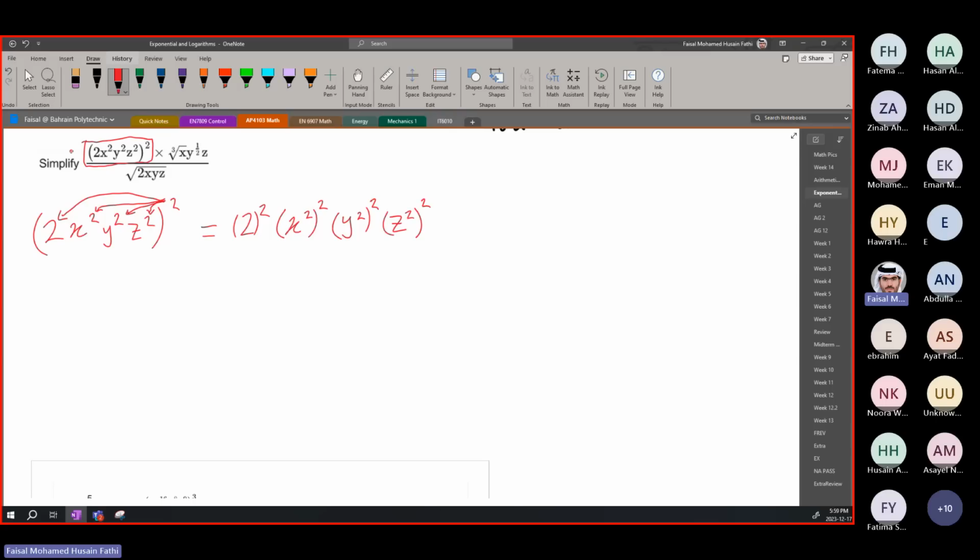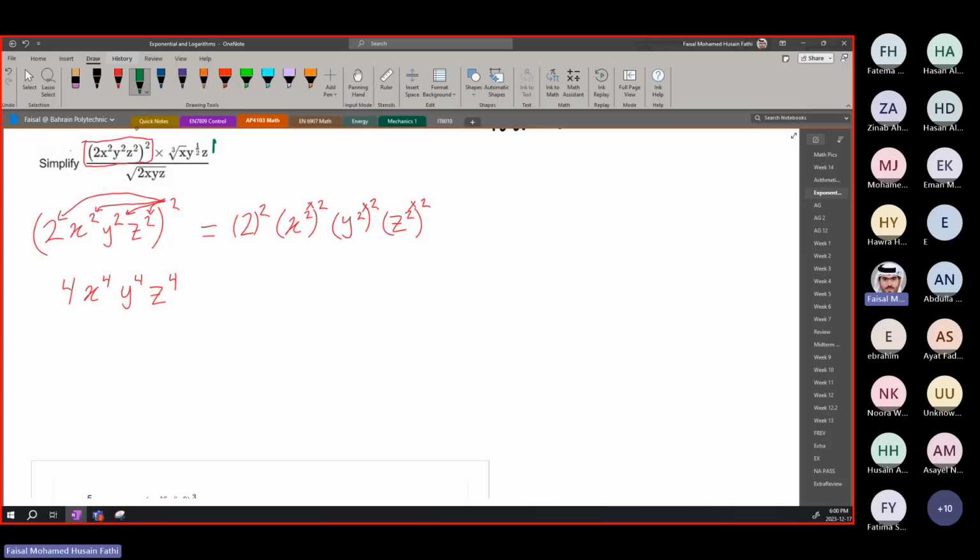This is one of the rules I taught yesterday when we did the laws of exponents. I'm pretty sure everyone knows what I did here. So I'll just simplify this now. 2 squared is 4. X squared squared, this is multiplication. So it's x, 2 times 2, which is 4. This is also multiplication. 4x to the 4, y to the 4, and z to the 4. And we are done with the first term.